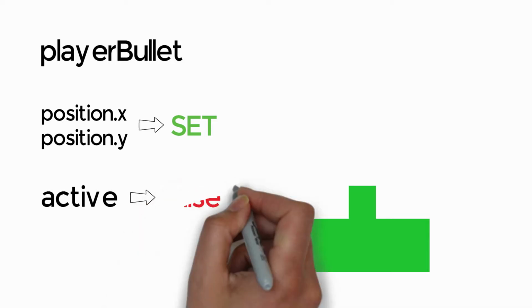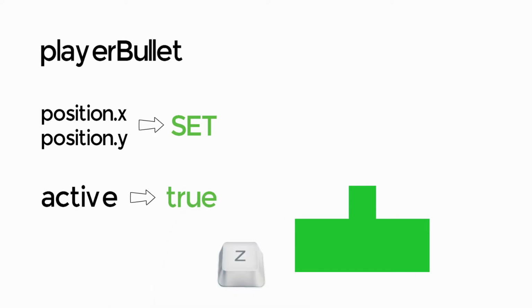But we're also going to set this playerBullet.active flag to true, and that's going to signify that a bullet has now been fired, so that our update and drawing software now needs to put the bullet on the screen and start moving it. So whilst the bullet is active, we're going to get other key presses coming in, so people will hit the fire button.